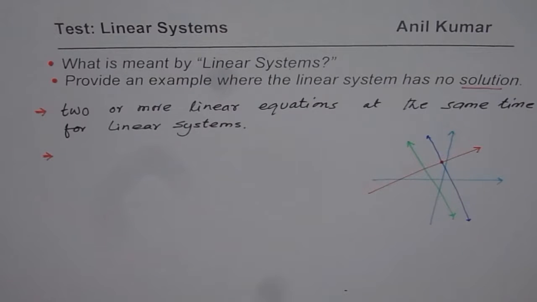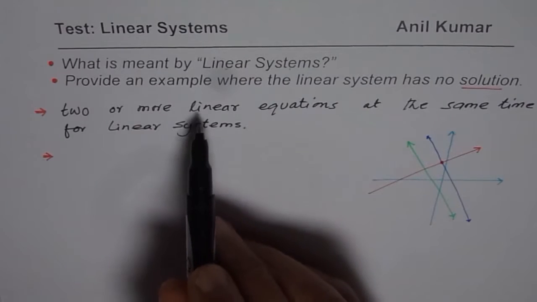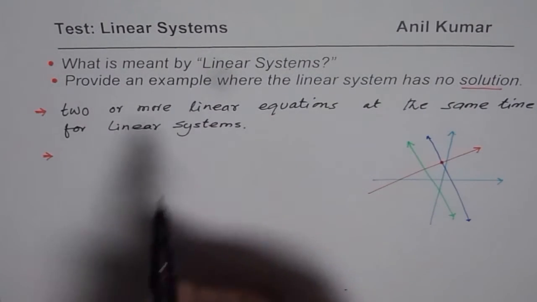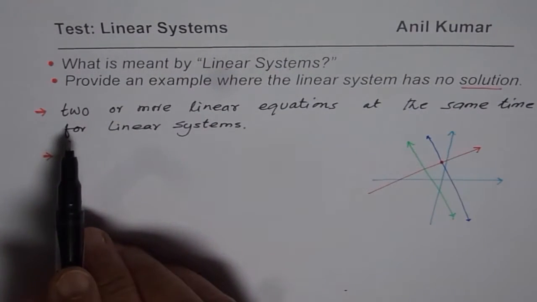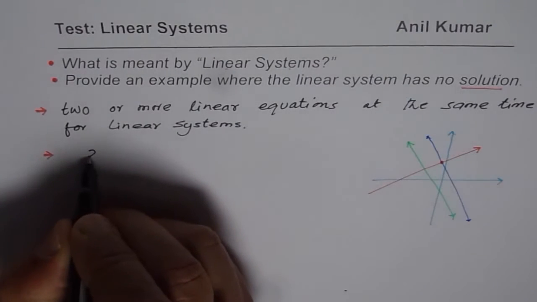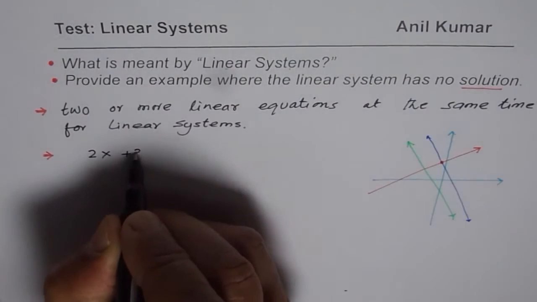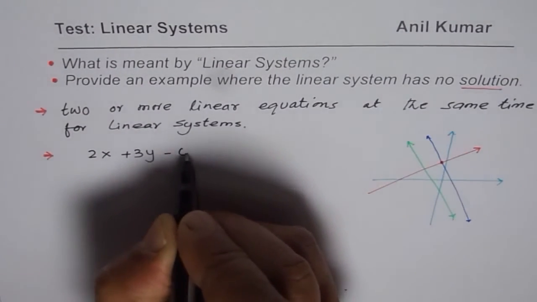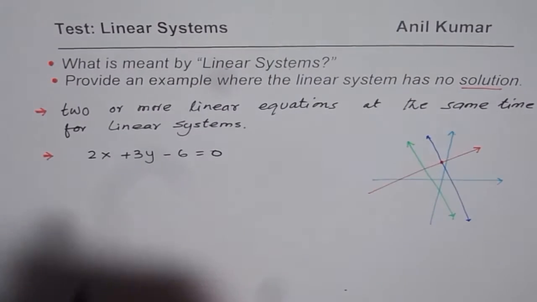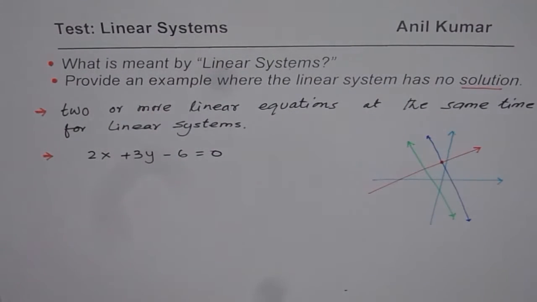So let's write down one equation, and then we will see how to check whether the equations have a solution or not. Let's consider two linear equations. Let me write down one equation in standard form as 2x plus 3y minus 6 equals 0. Let us say this is one of the equations considered.